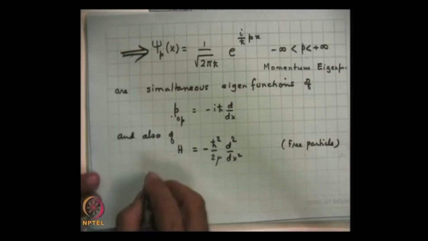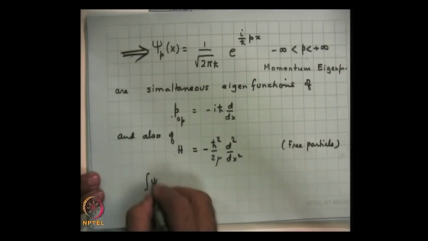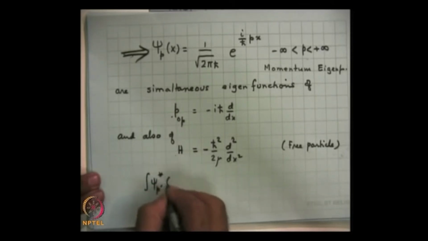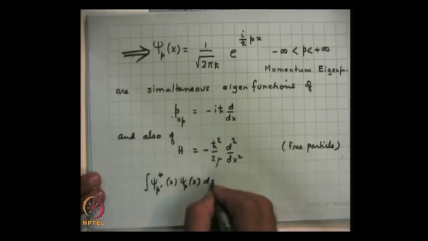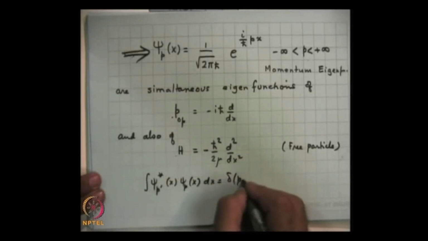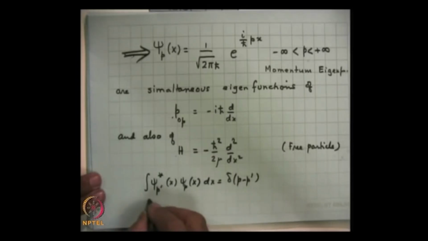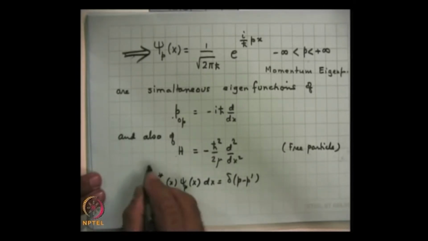And they form an orthonormal set, that is, the integral of psi p prime star of x times psi p of x dx is equal to the Dirac delta function of p minus p prime, with all limits from minus infinity to plus infinity.